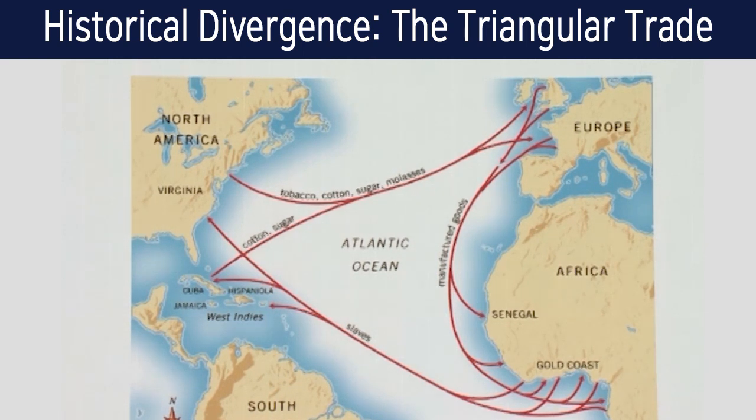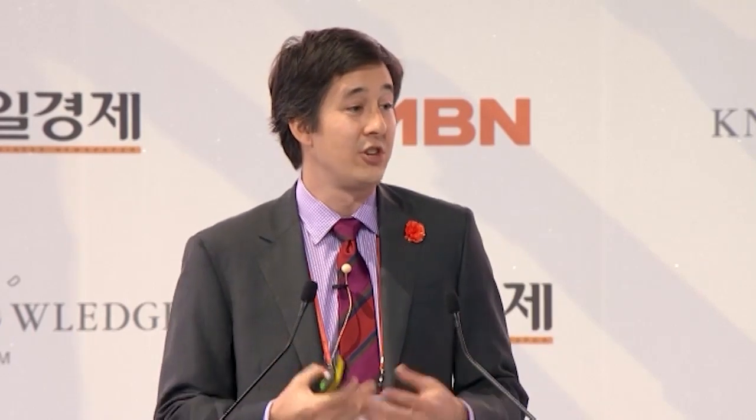What does Africa ship to the Americas? Well, they actually ship human beings. They ship slaves. The slaves are then used in the Americas on sugar plantations, cotton plantations, tobacco plantations, and those goods are then shipped to Europe, and that's the three-corner trade. So all of the emergence of global inequality has occurred since the establishment of this trade.